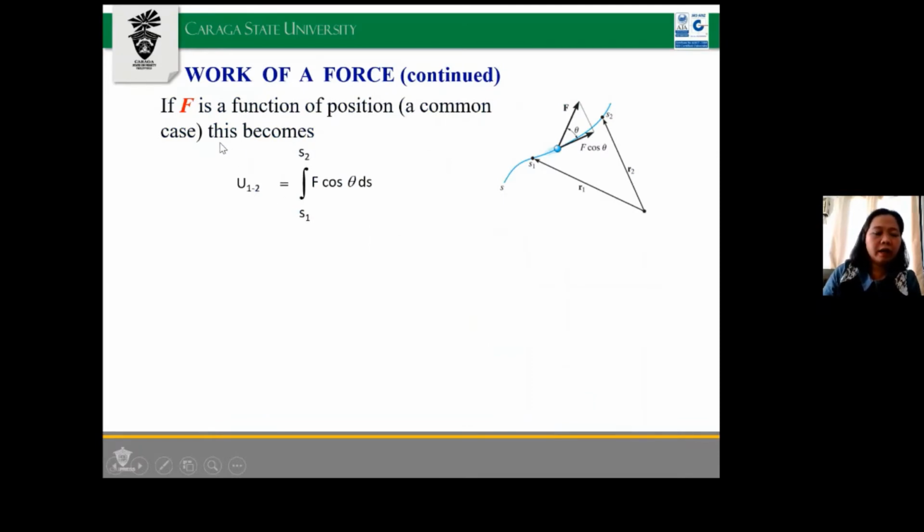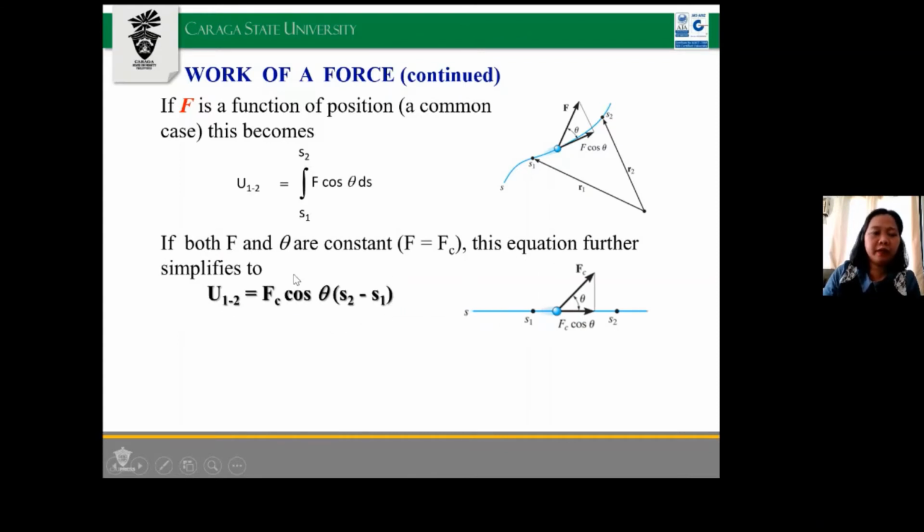If F is a function of position in terms of ds, which is commonly used in kinetics, then the work done from 1 to 2 is the integral of F cosine theta ds from S1 to S2.